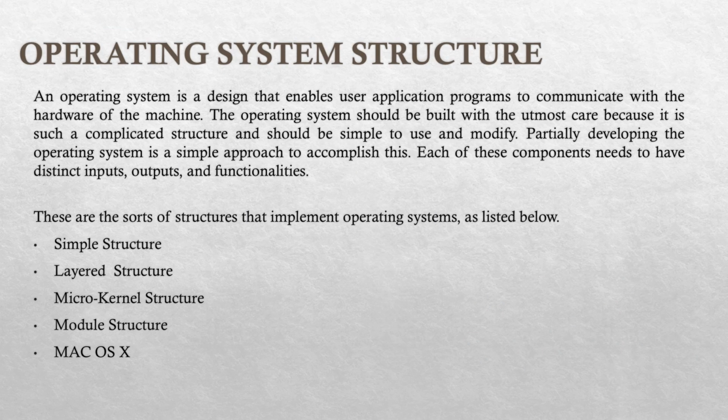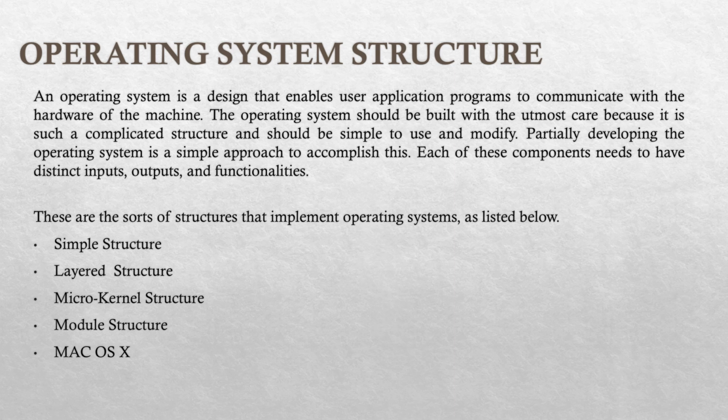Operating system structure. What is an operating system structure? An operating system is a design that enables user application programs to communicate with the hardware of the machine. The operating system should be built with the utmost care because it is a very complicated structure, and it should be simple to use and modify.